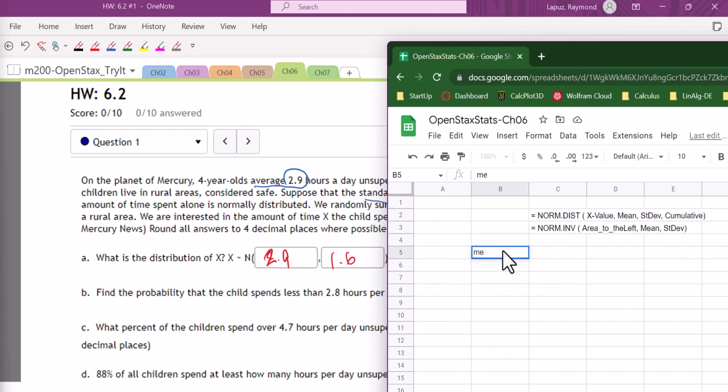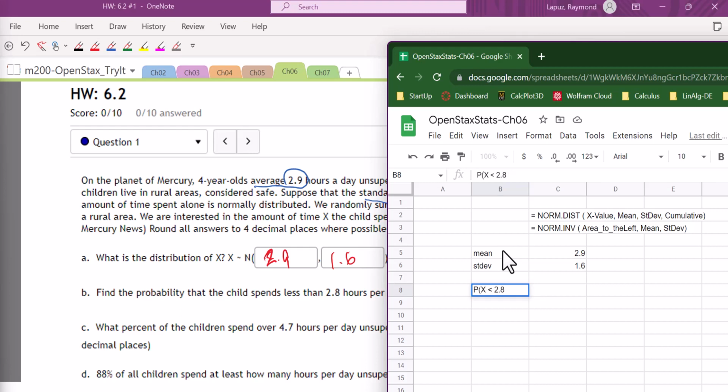Our population mean is going to be 2.9, and our standard deviation is 1.6, and that was given in the problem. Now part B is asking us the probability that a child spends less than 2.8 hours. So essentially what we have is the probability that X is less than 2.8.